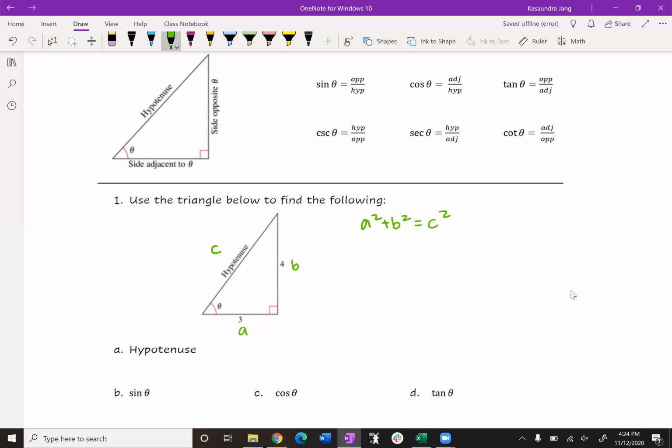The a and b you could have labeled either way, 4 is the a and the 3 is the b, that's fine, but the c has to be the hypotenuse. So I'm going to get 9 plus 16 equals c squared. And if 25 is c squared, I will take the square root of both sides, and 5 is the hypotenuse c.